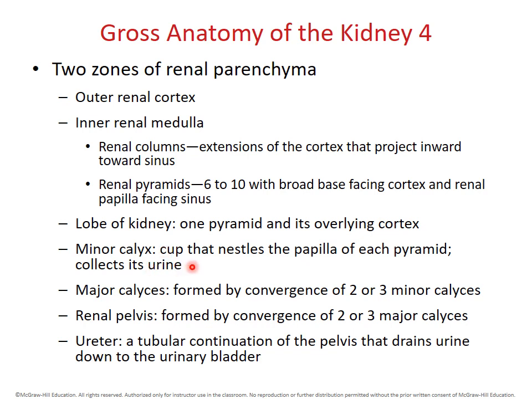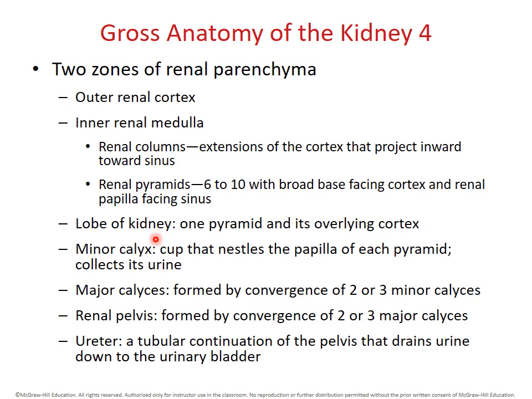At the tip of each pyramid, in other words, at the papilla of each pyramid, there is a hollow space that is designed to collect urine that drips out of the papilla once it's formed. And that little cup-like hollow space that nestles the papilla of each pyramid is referred to as a minor calyx. So once urine collects in the minor calyx, the physiology of urine production is complete.